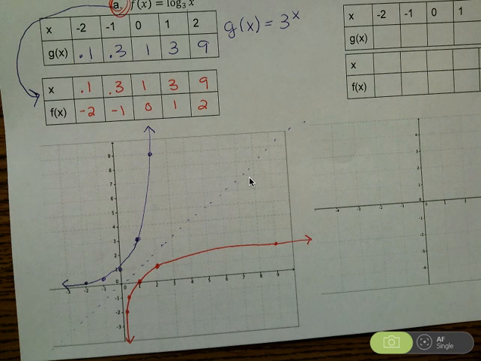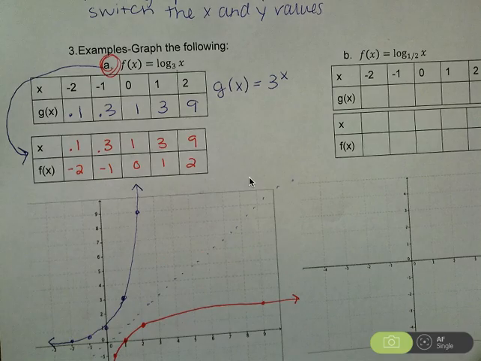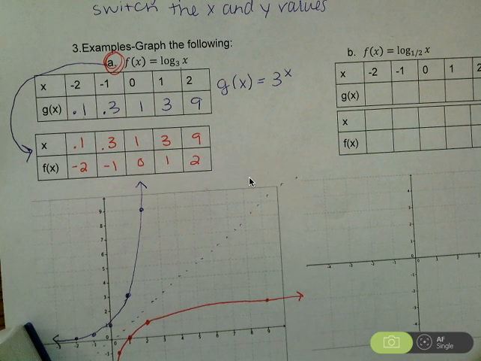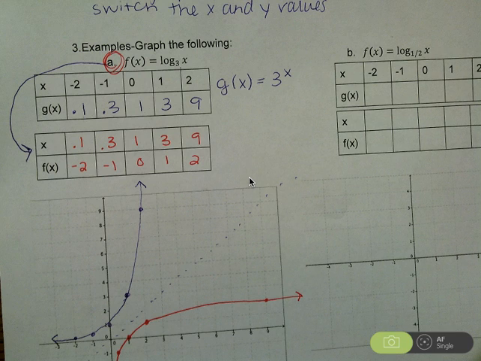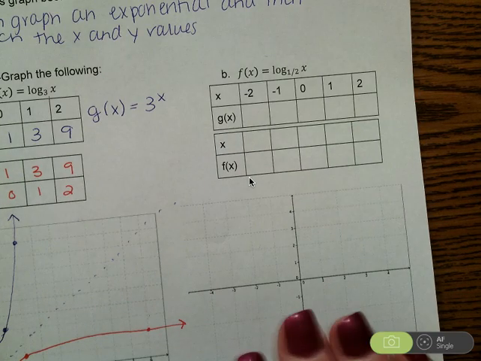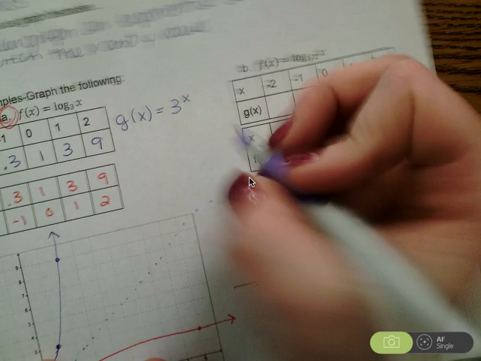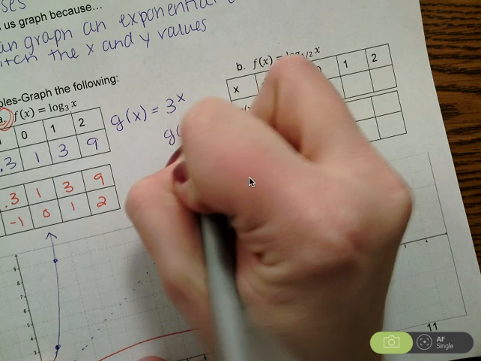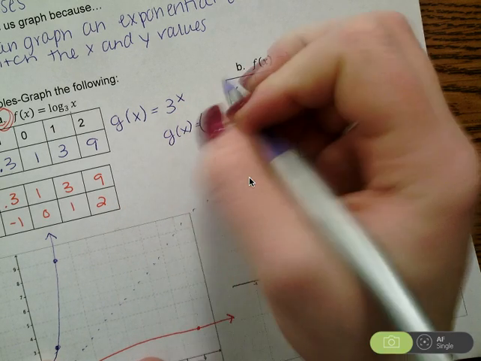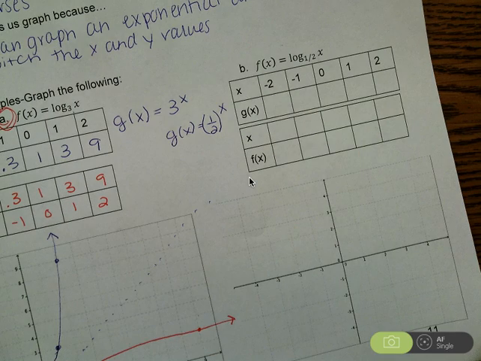And I'm going to show you something cool. Here's your inverse, by the way, if you didn't make it there.